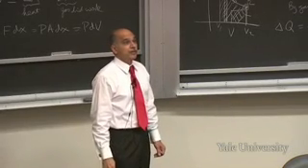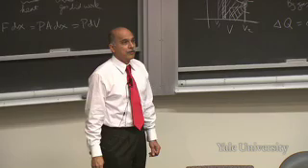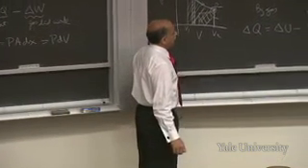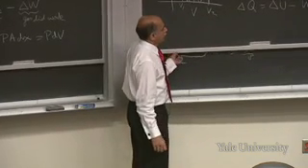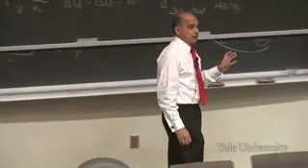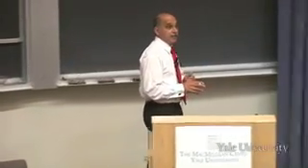Yes? But if Q is equal to MC delta T, wouldn't that imply that there's a change in temperature? When you say MC delta T, you've got to be careful what formula you want to use. I'll tell you why you cannot simply use MC delta T. If you've got a solid and you use MC delta T, that is correct, because when you heat a solid, the heat you put in goes into heating up the solid.